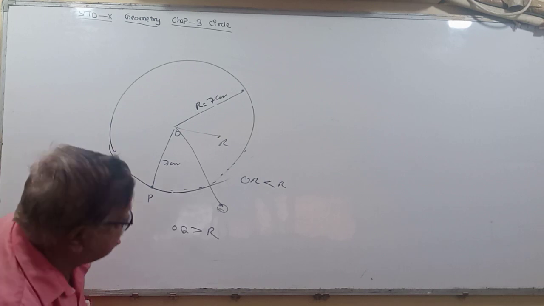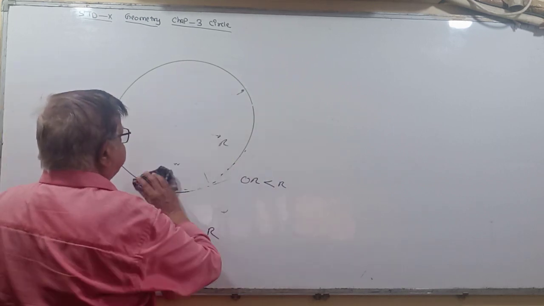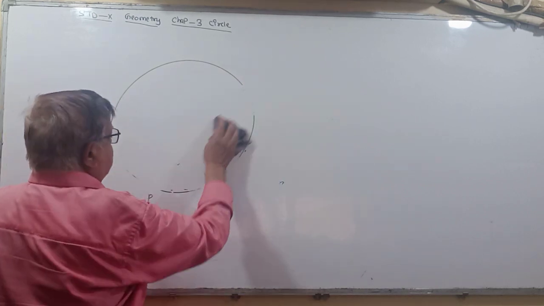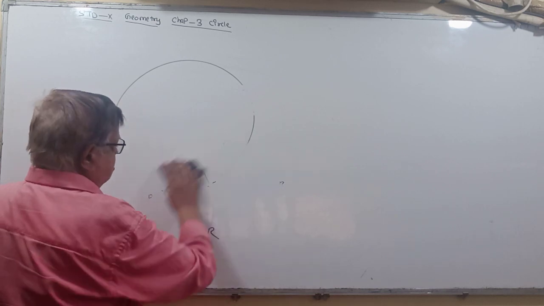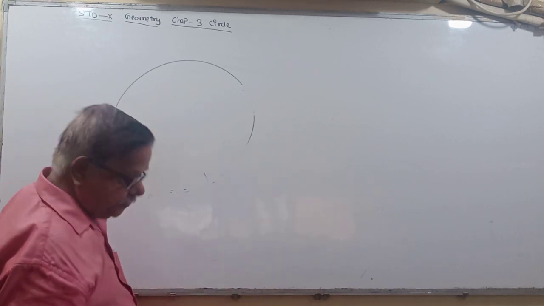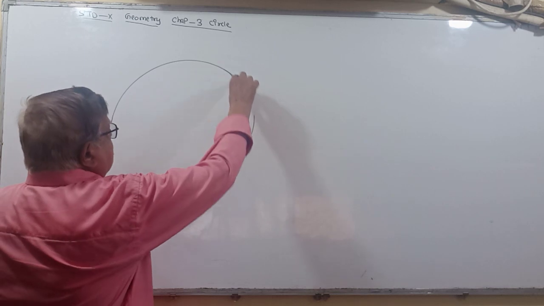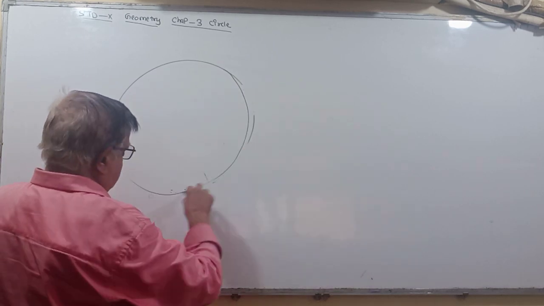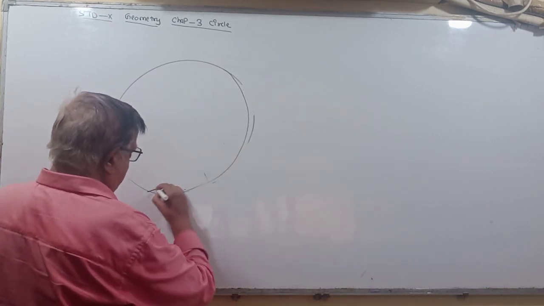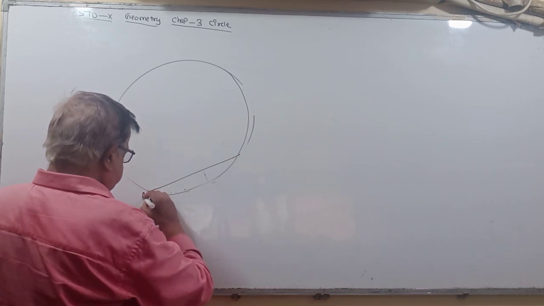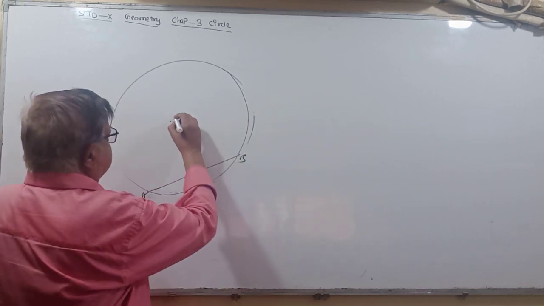Right. Basically we studied about the circle. Now this is called a chord. AB, O is the center.